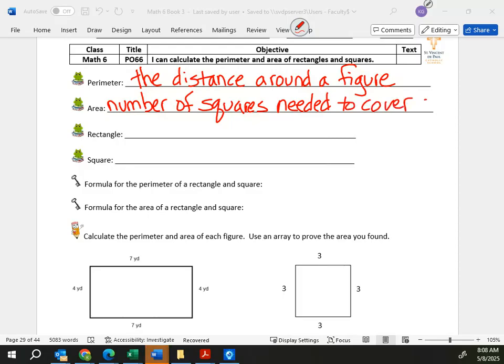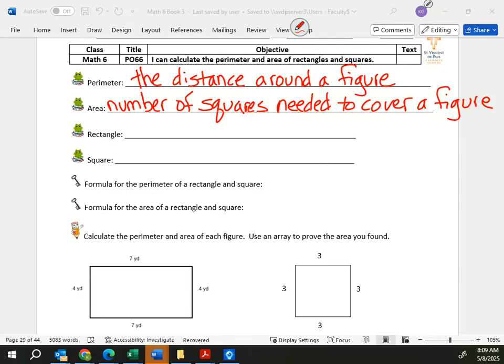So that perimeter would be if we want a fence to go around our garden. The area would be how much dirt do we need to fill in our garden. Right? Perimeter is going around with the fence. Area is filling in with the dirt.